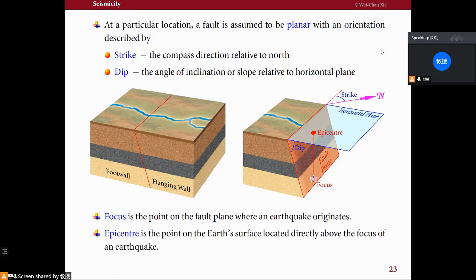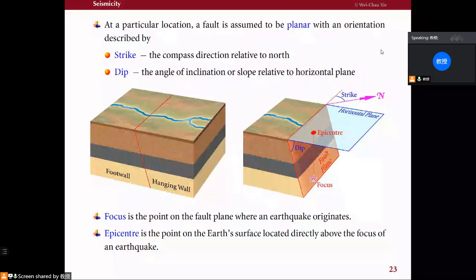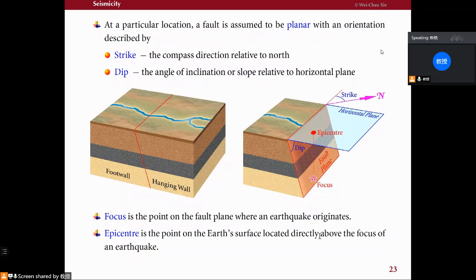On the fault plane we have the focus, and the epicenter is the point on the Earth's surface located directly above the focus of an earthquake. So right above the focus on the surface of the Earth, we have the epicenter.